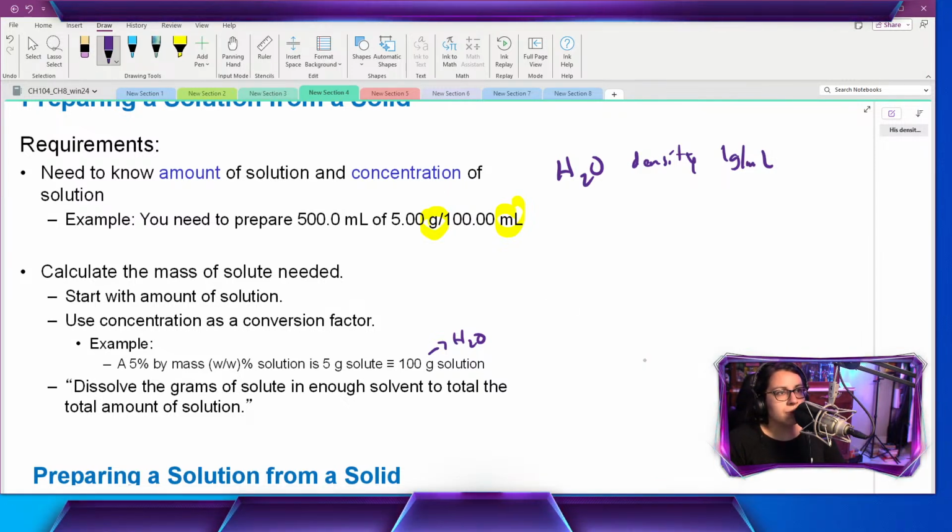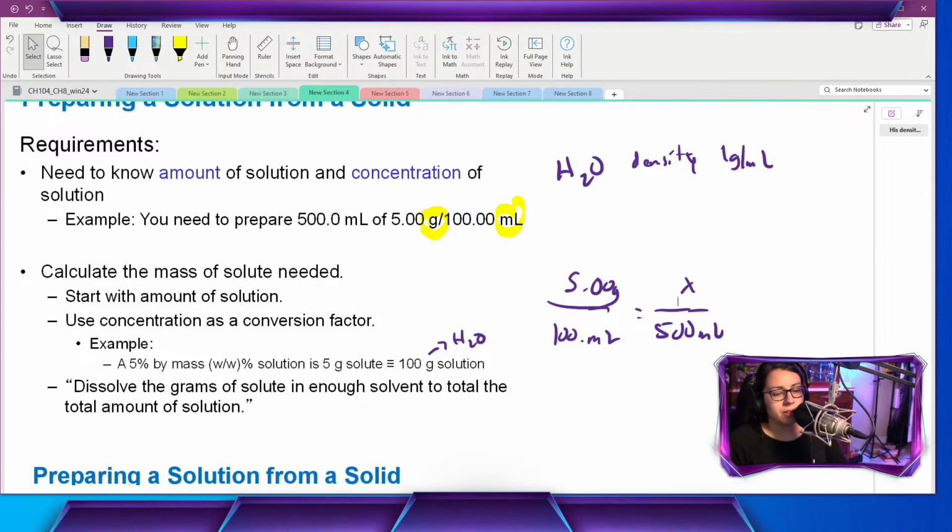For this one, we could even just do a proportion, to make things simple. We have 5 grams per 100 milliliters, and we want 500 milliliters. So solving for X. Let me pull up my calculator.